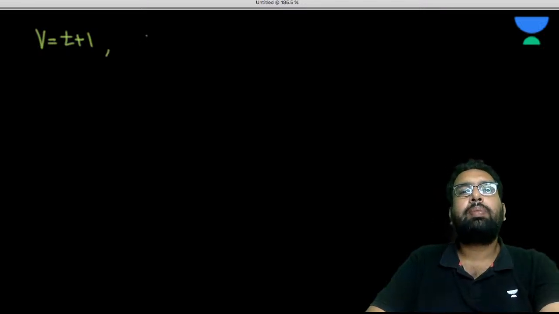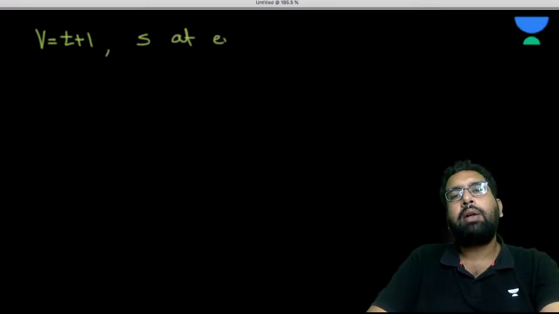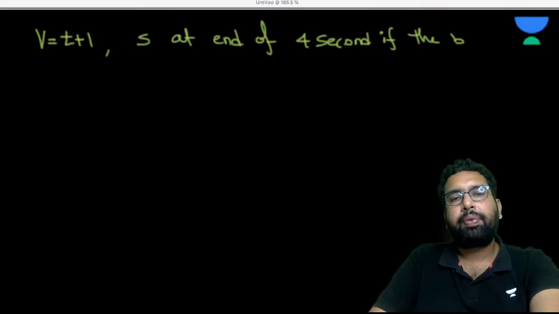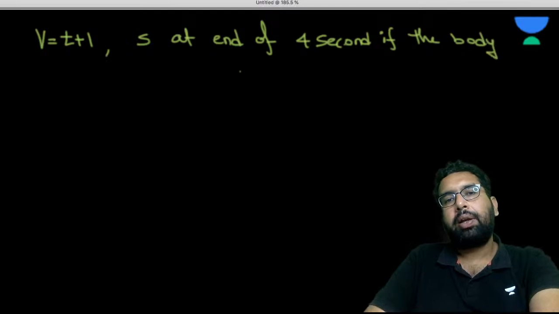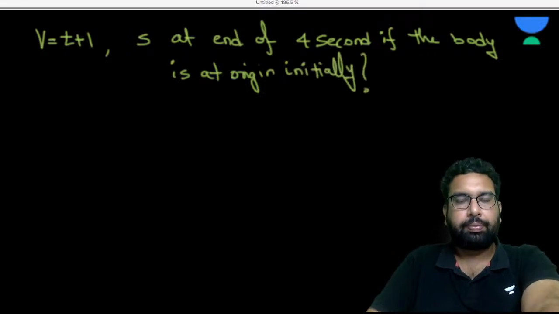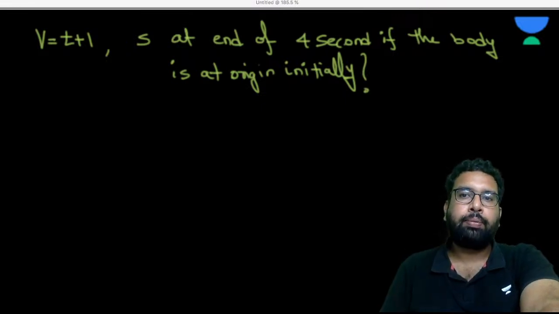Now find the displacement at the end of 4 seconds, if the body is at origin initially. Now can we please try this question? Let's try this one. Can you please try it?